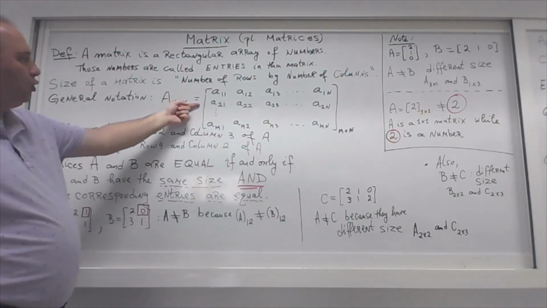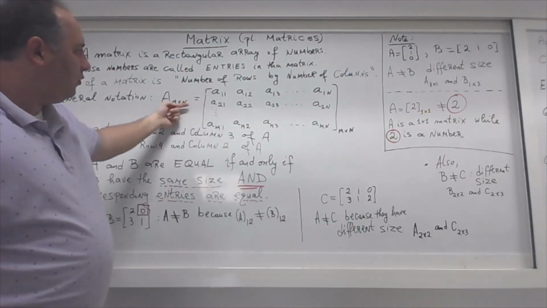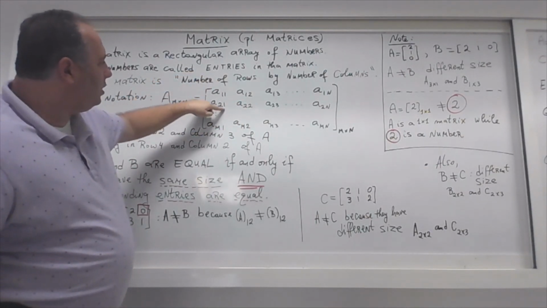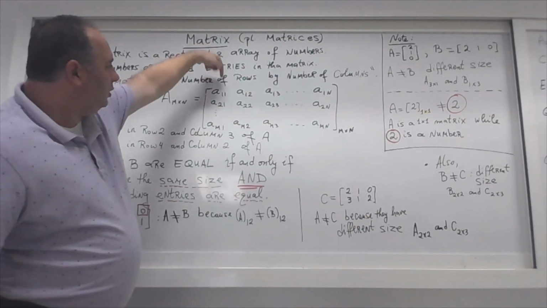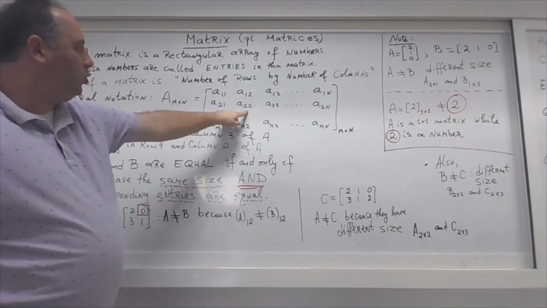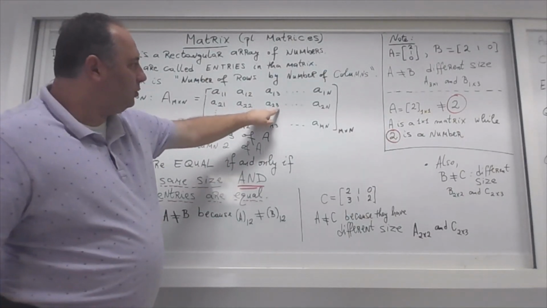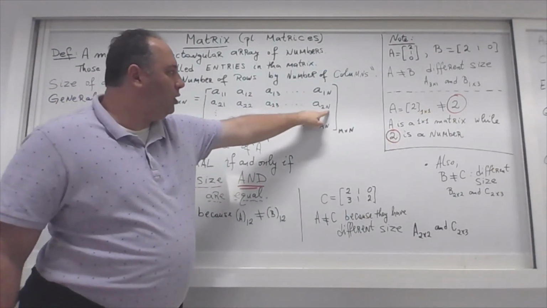Then we go for row 2, the first index is 2 for everybody in row 2. The first one is A21, because it's row 2 and column 1, then A22, so row 2, column 2, row 2, column 3, etc., until row 2, column n.